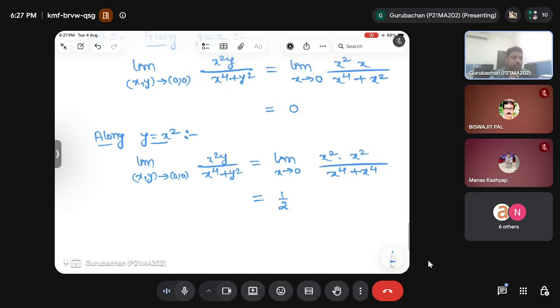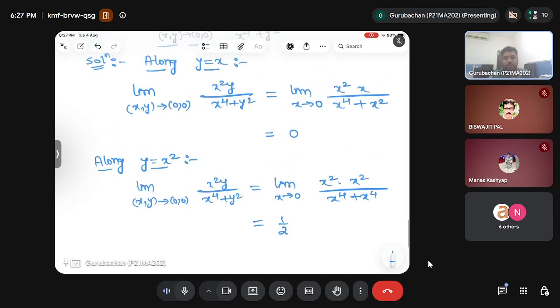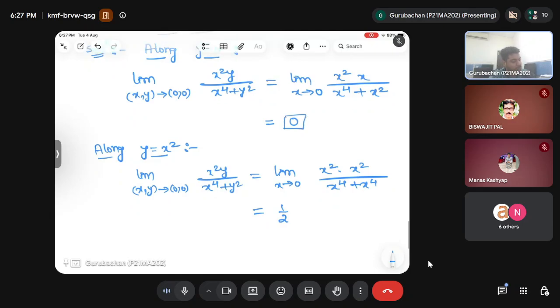So as I told you, if the limit exists, it should be unique along every path. Here you have chosen two paths. Here you are getting the limit as 0, and here you are getting the limit as half. What does that mean?